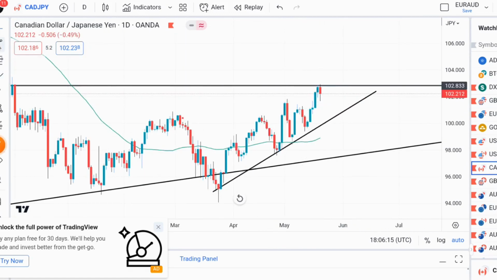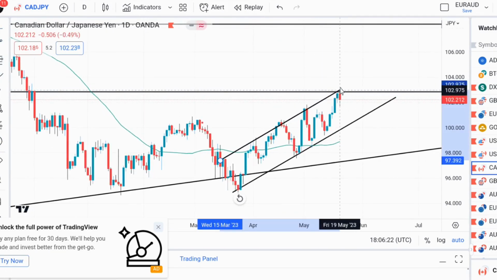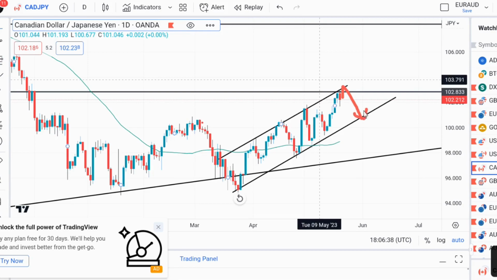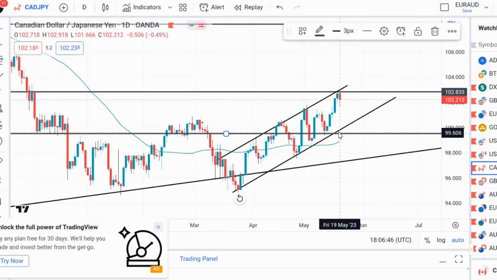So let's put the trend line at that particular level. As you can see, when it touched 2 or 3, here we can see that we have a rejection at this particular level. You can see a rejection at this level right there. So let's put the horizontal line there. We can see a move this week.